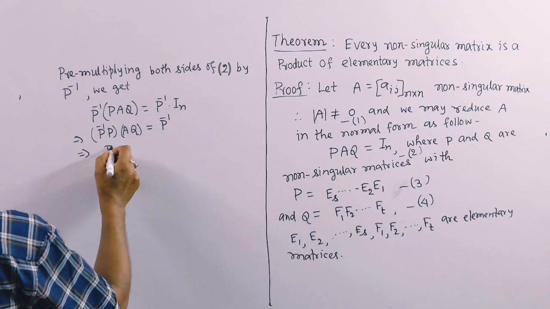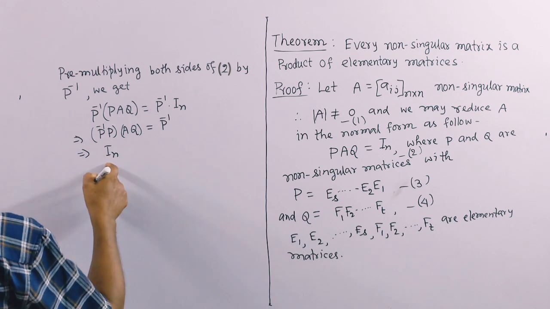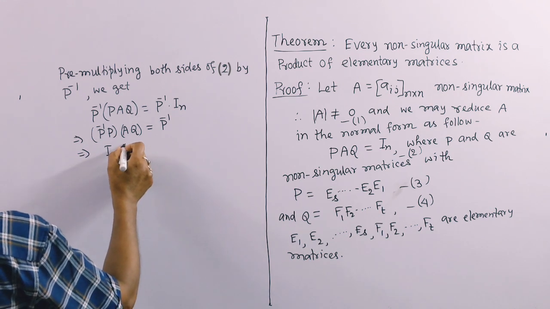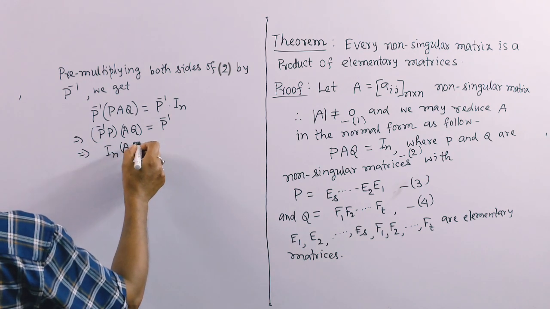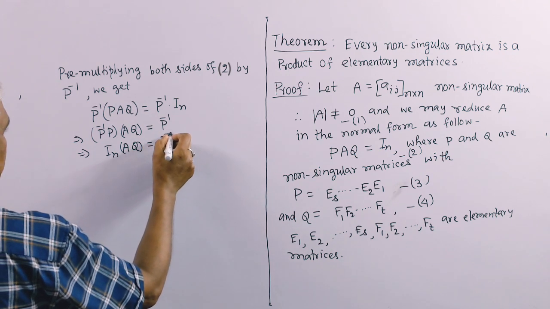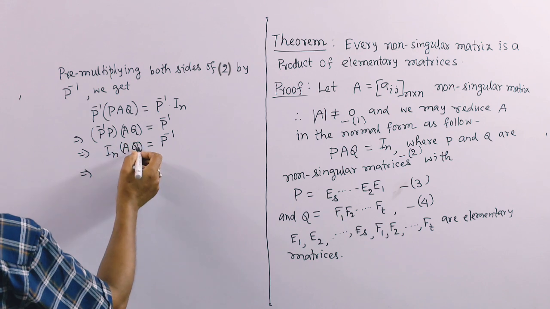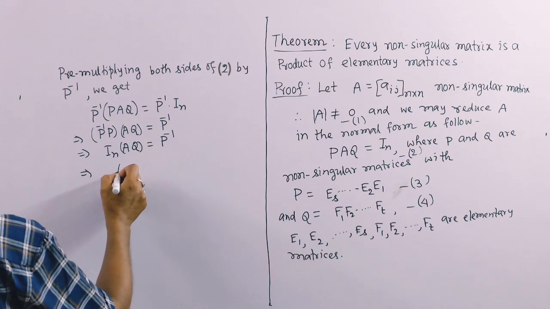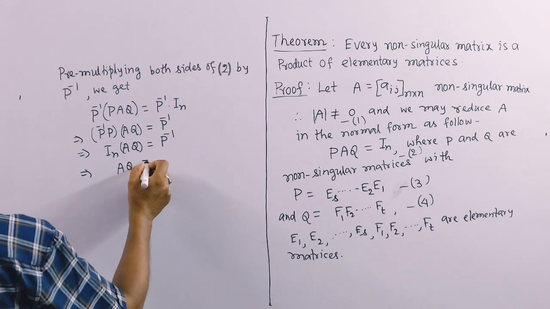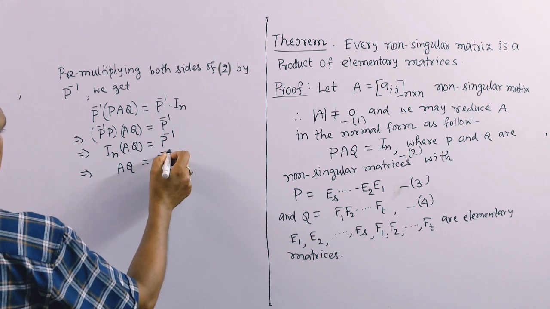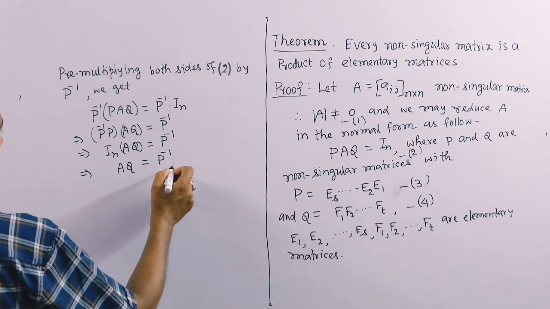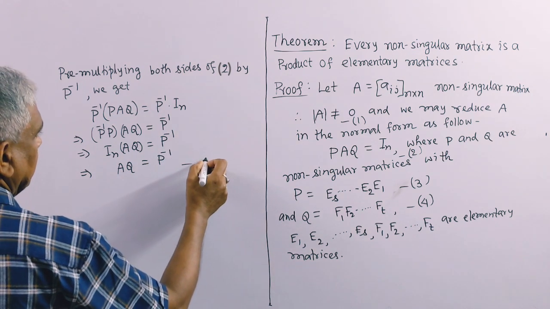P inverse P means the unit matrix. So AQ equal to P inverse, since a unit matrix multiplied by a matrix is that matrix. This is number 5.